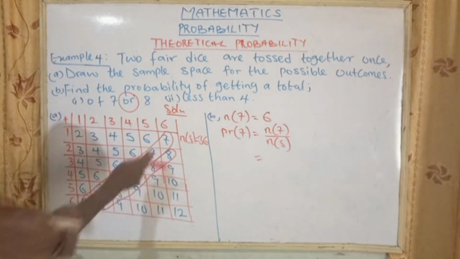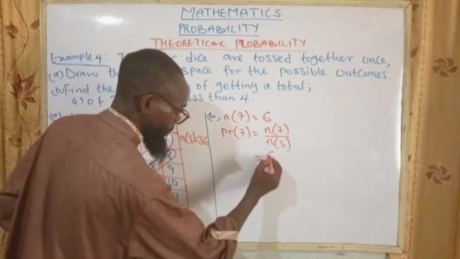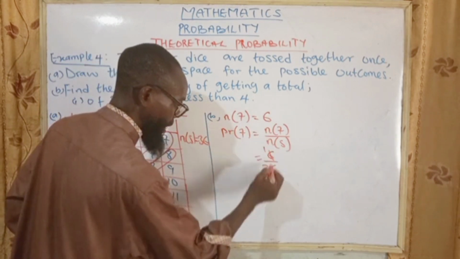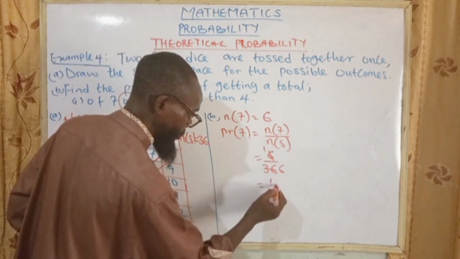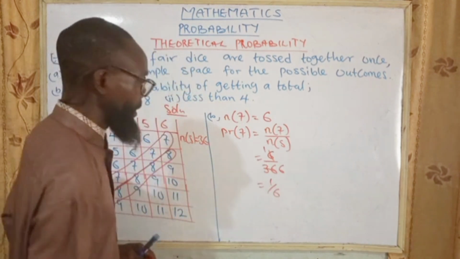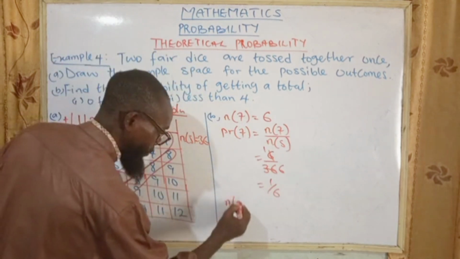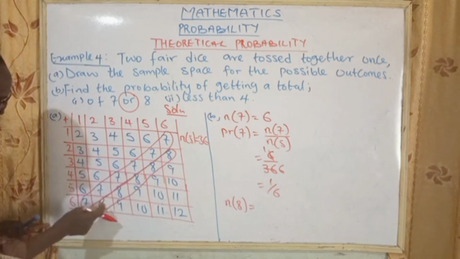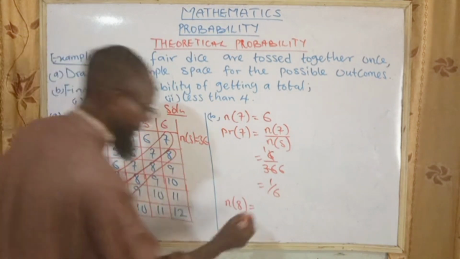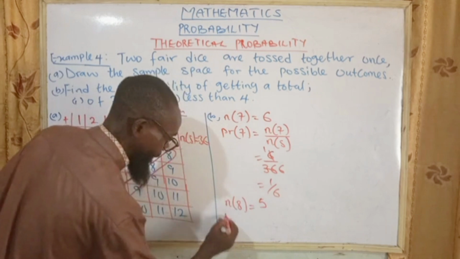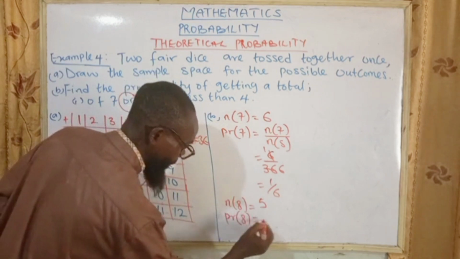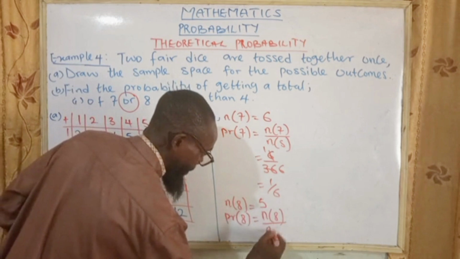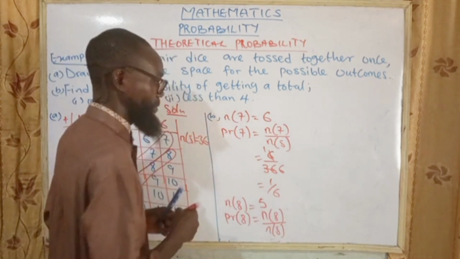Now, the number of 7 is 6 divided by the number of sample space 36. 6 here 1, 6 here 6. So we have 1 over 6. Fine. The next one is the number of 8. How many 8 do we have? 1, 2, 3, 4, 5. We have 5. So the probability of 8 will be the number of 8 over the number of sample space.